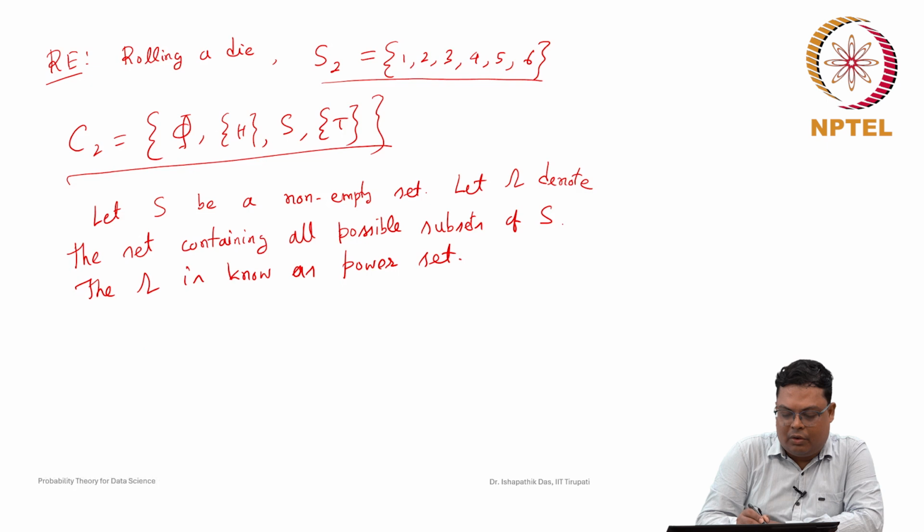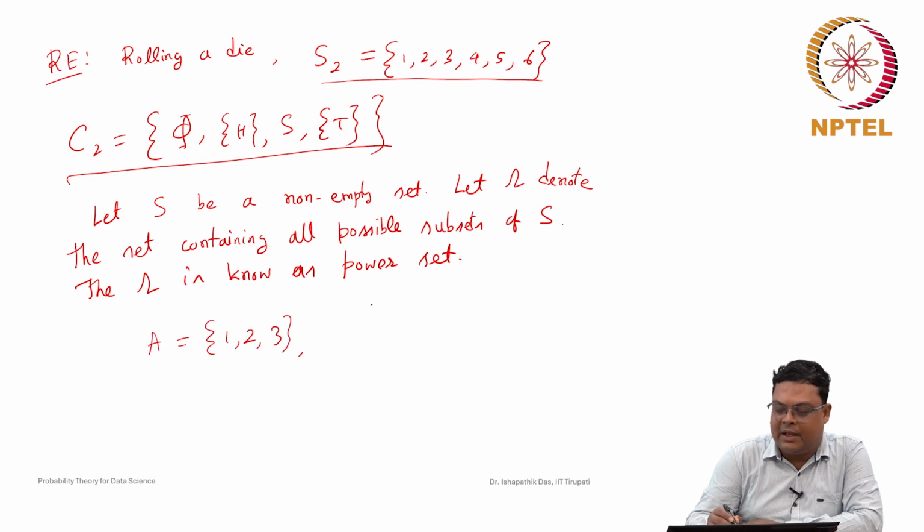So, let us consider one set A, which is 1, 2 and 3, and another set B. Let us consider some sets with meaning: suppose A is the even numbers 2, 4 and 6, and B, a subset of S2, is 1, 3, 5.